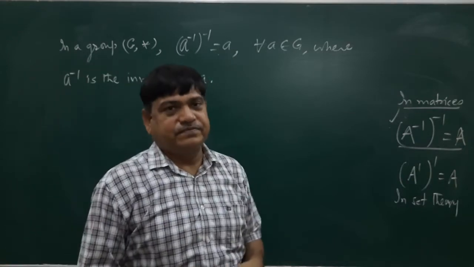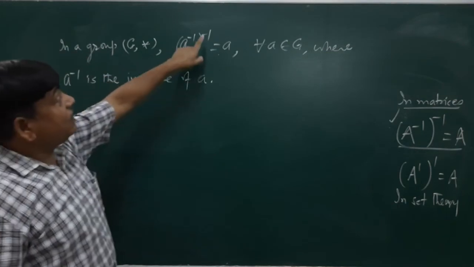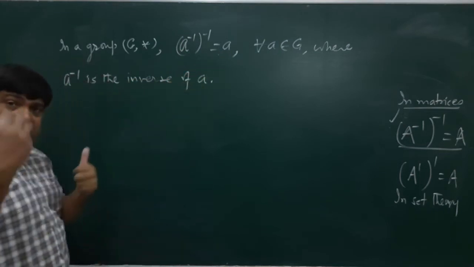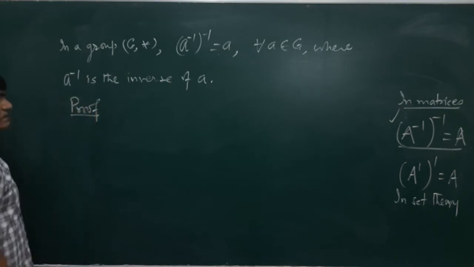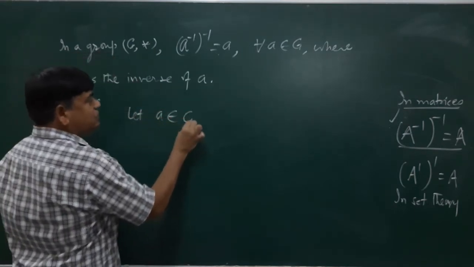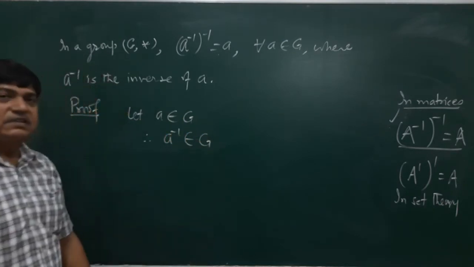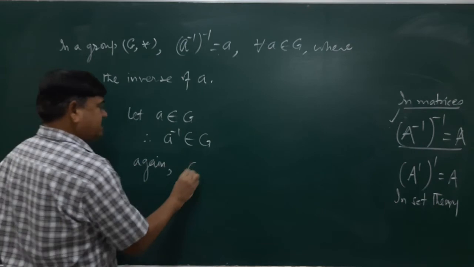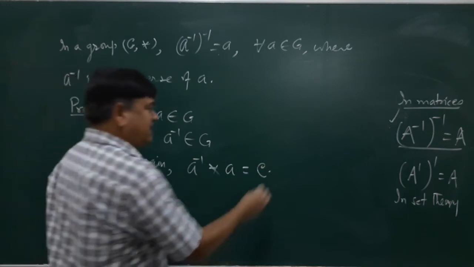We will prove this. In a group, inverse of the inverse is the element itself. Okay, so let us say a belongs to Z. Therefore, since Z is a group, again, identity.